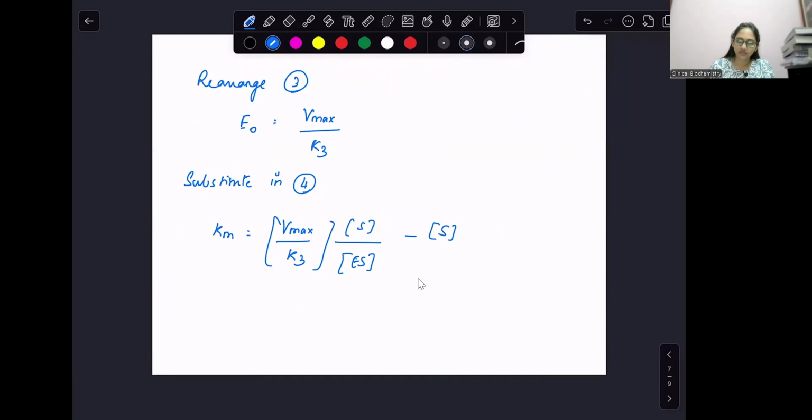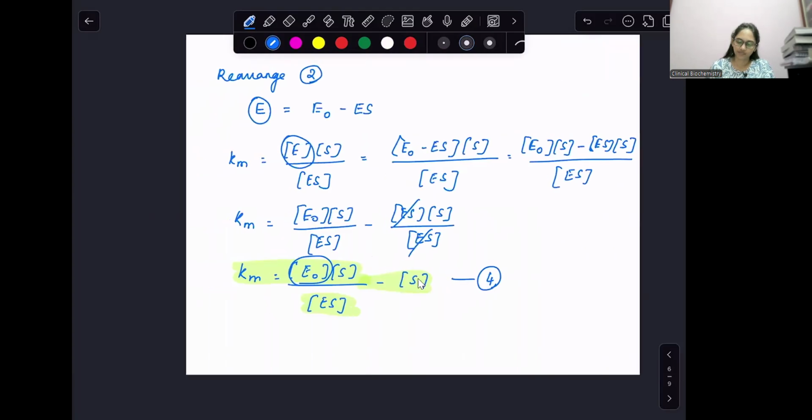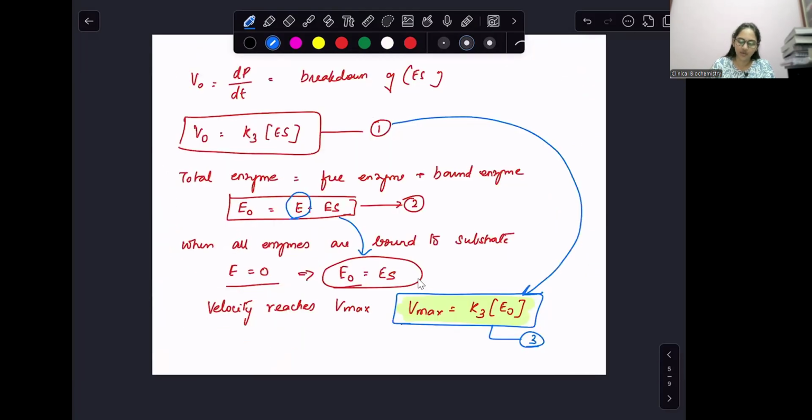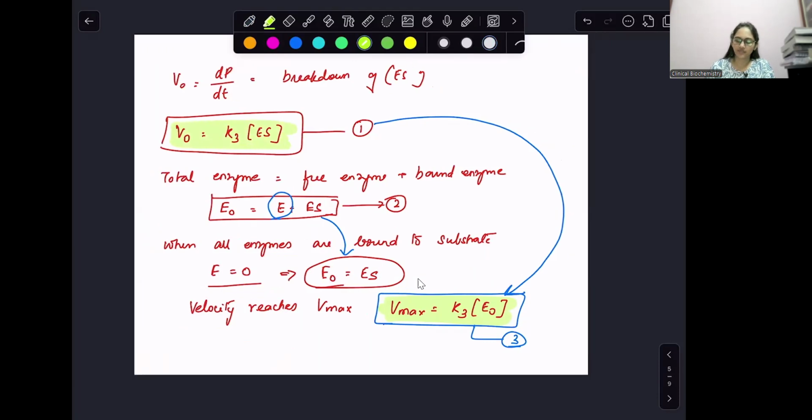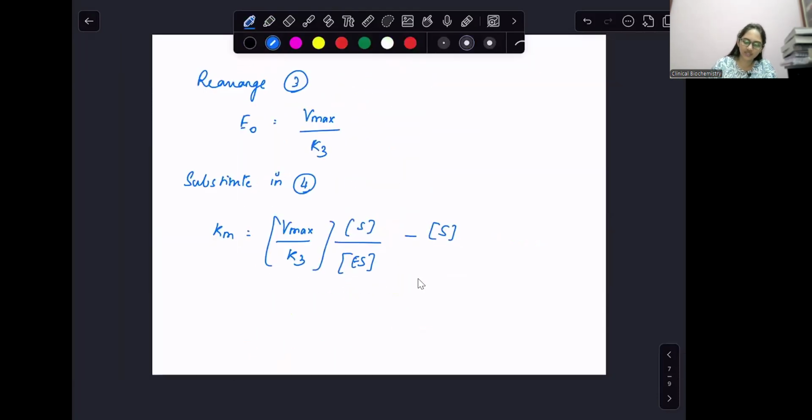I know what is V0. Yes, what is V0? V0 here is by equation 1, I know V0 is K3 into enzyme substrate. So here again we will substitute equation 1 in the above equation.